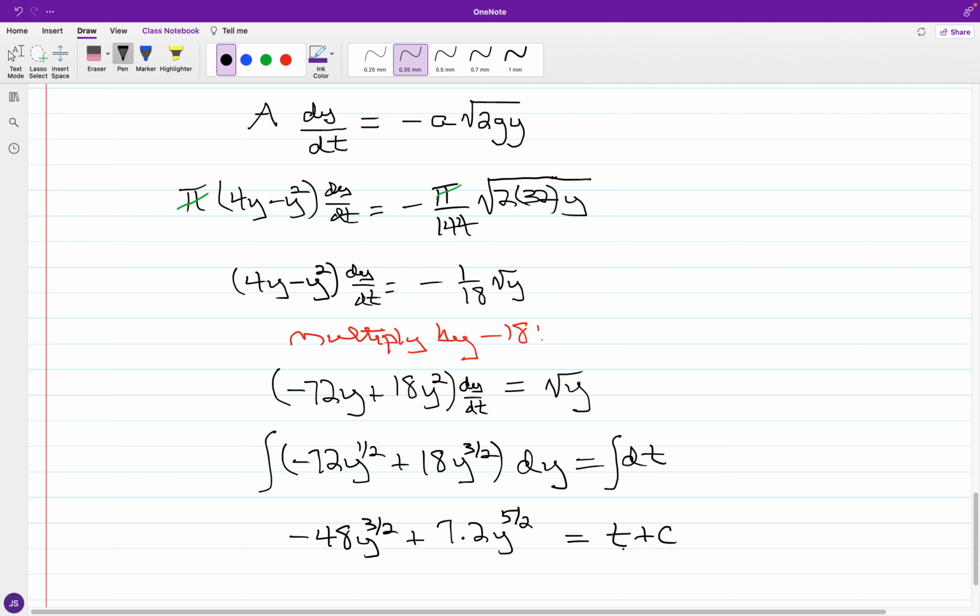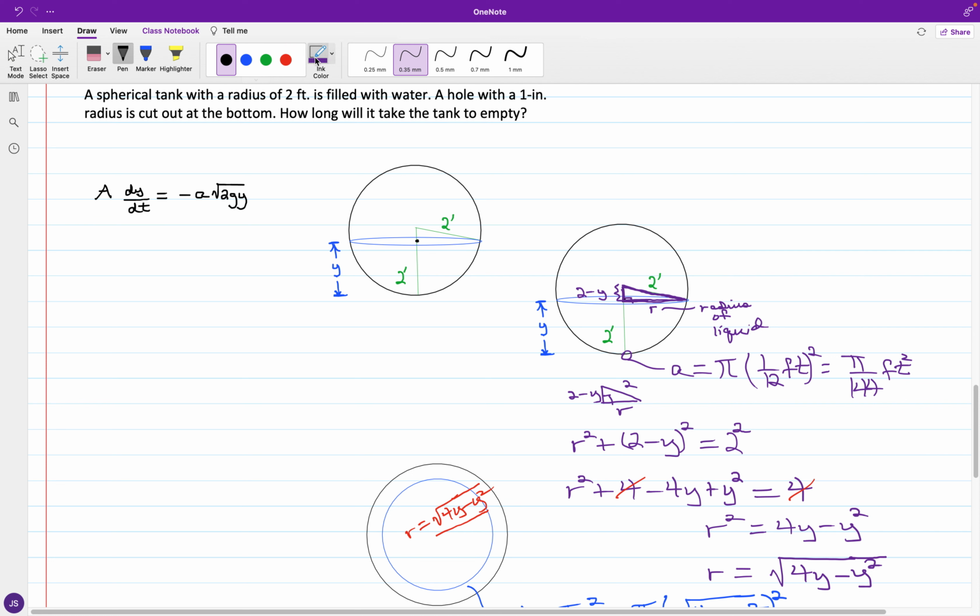Now, whenever the tank was full, going back, the initial liquid level is going to be the diameter of the tank itself, so we have y naught is equal to 4.